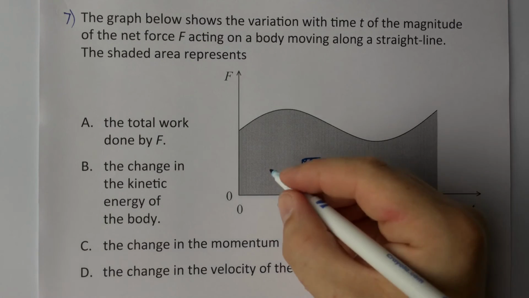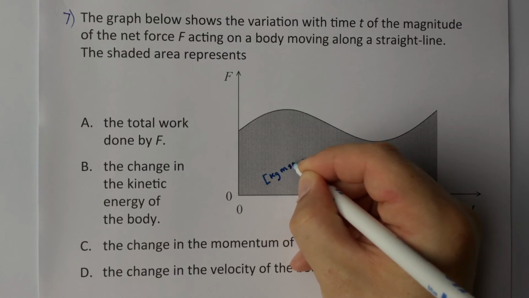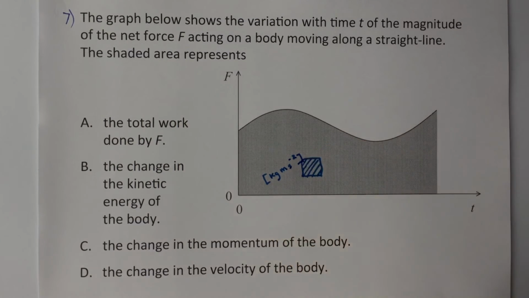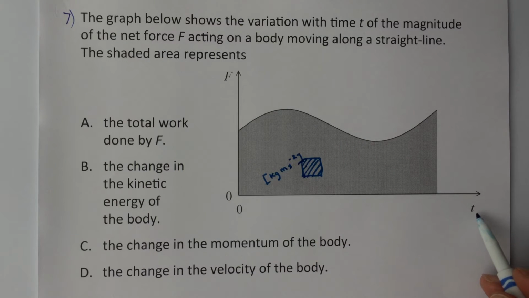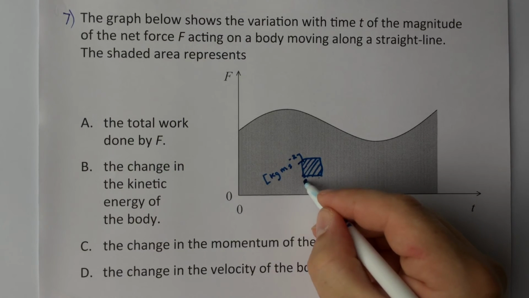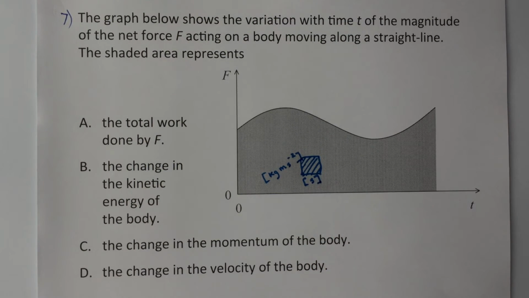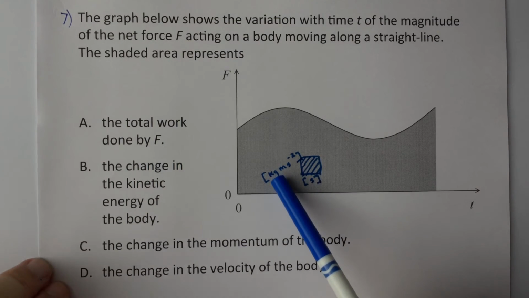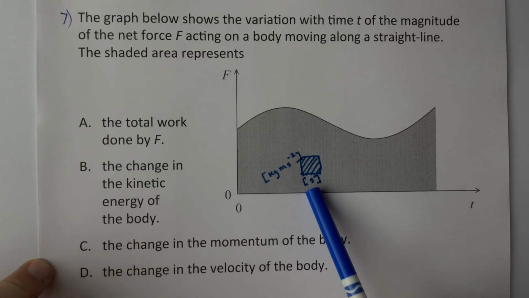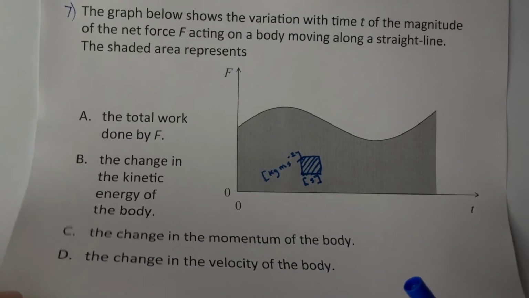So we could write that in units of newtons, or in units of kilogram meter per second squared. The base of this square is going to be a time, which we represent with seconds. Now the question is, the area of this is going to be base times height, or something in units of seconds times something in units of kilogram meter per second squared. What would that give us?